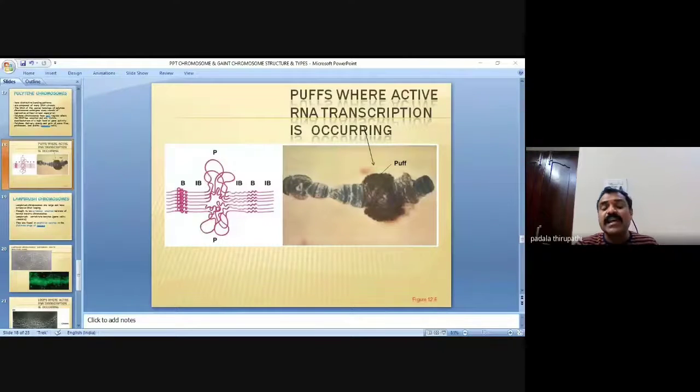So polytene chromosomes are always in the haploid condition. These polytene chromosomes were identified in Drosophila melanogaster, whose salivary glands show them.